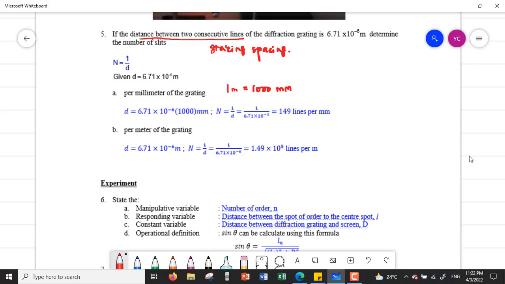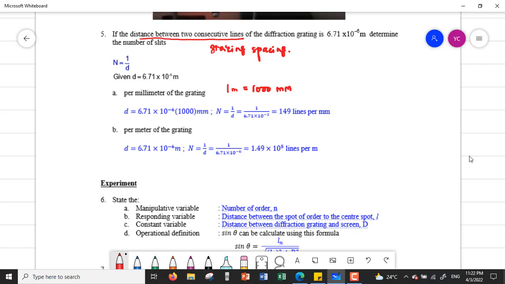Then I put it into the equation n = 1/d, so 1 over 6.71 × 10^-3. I get the number of slits per millimeter to be 149 lines per millimeter.